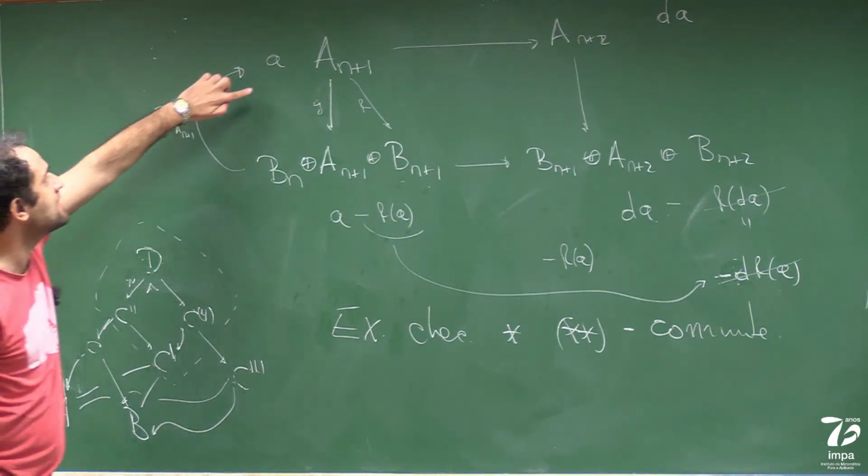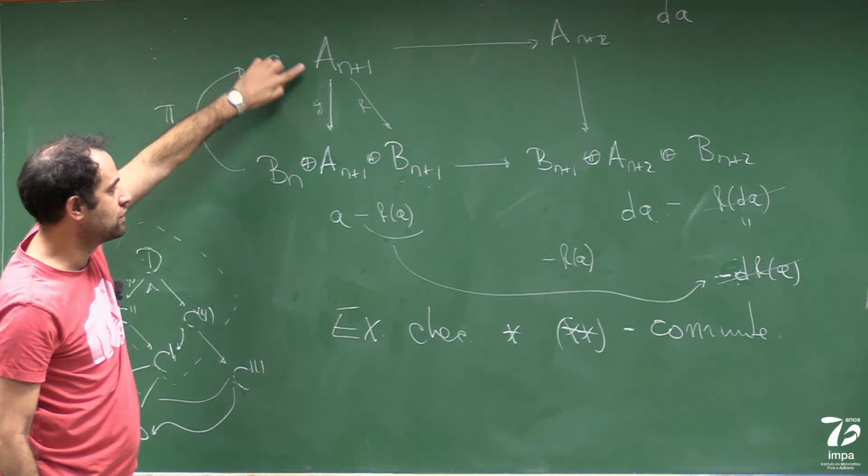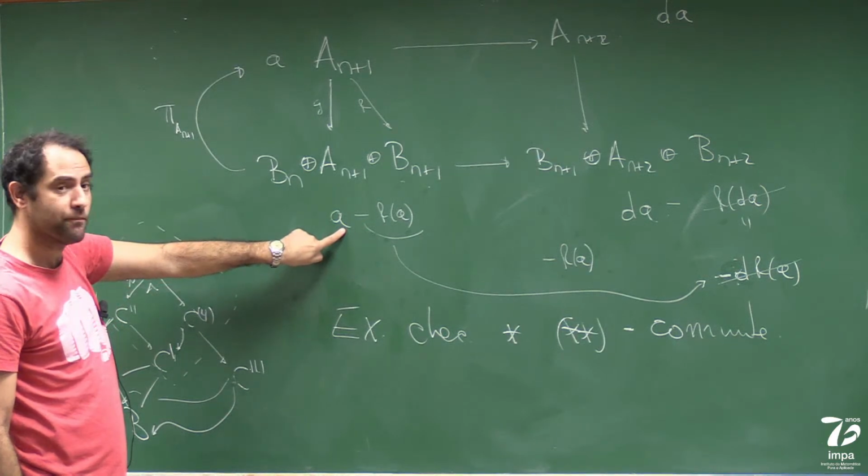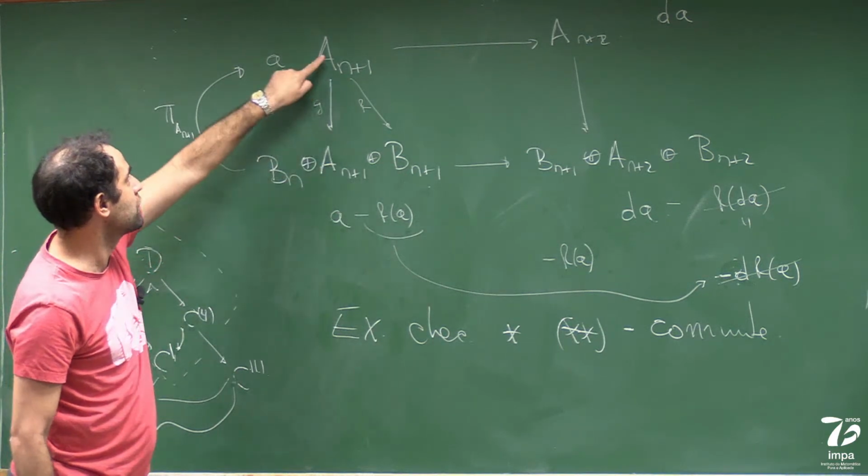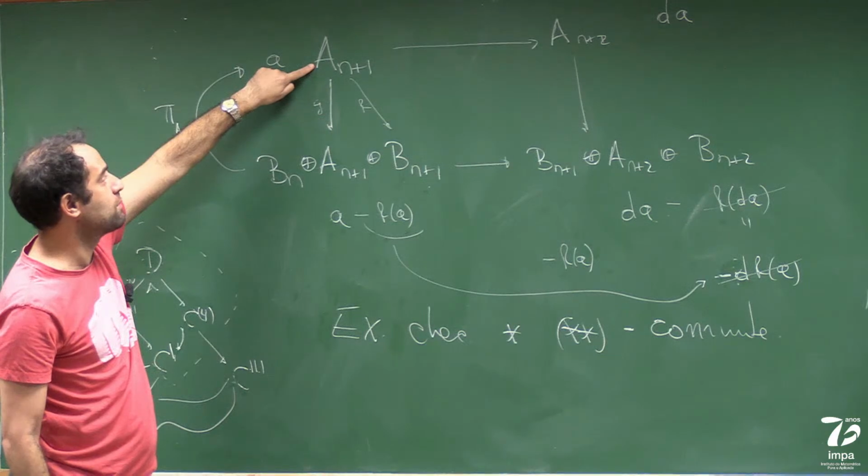Then it's clear that the composition in this direction is just A. It just kills this f of A. So the composition in this direction is isomorphic to the identity.